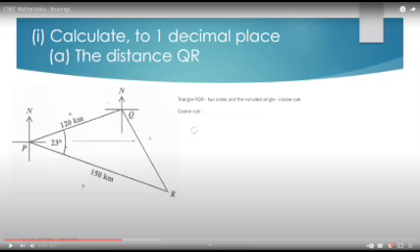Yes, miss. So the cosine rule is C squared is equal to A squared plus B squared minus 2AB cosine of angle C. And it is given in the front cover of your booklet.